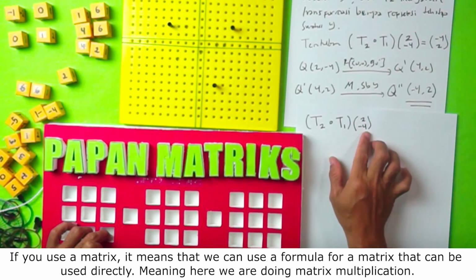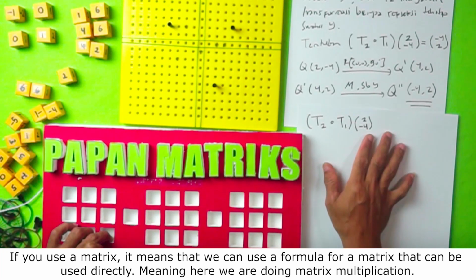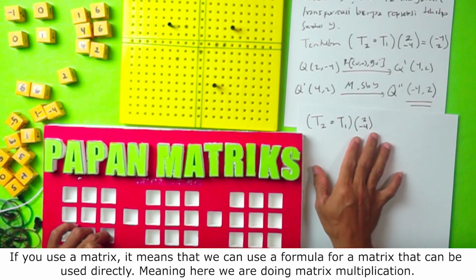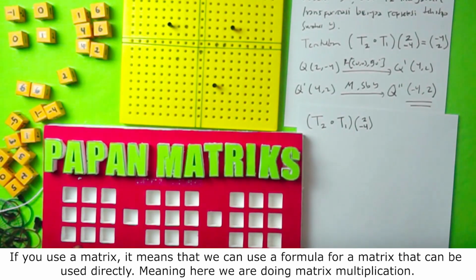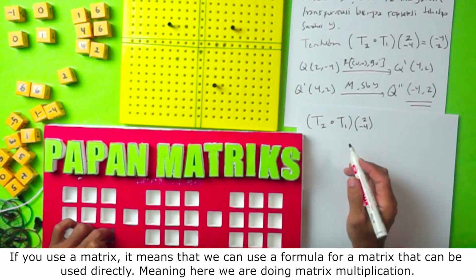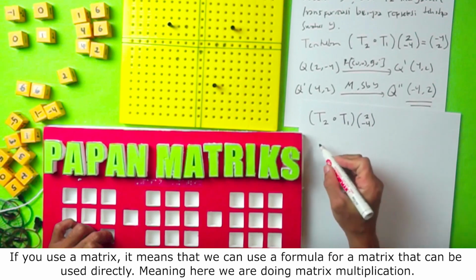If you use a matrix, it means that we can use a formula for a matrix that can be used directly. It means here we are doing a matrix multiplication. Nah, berarti di sini kita melakukan perkalian matriks.